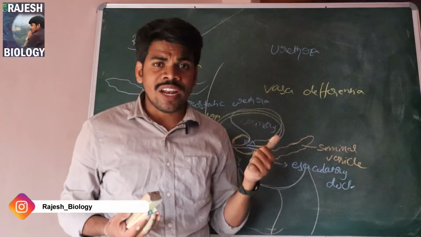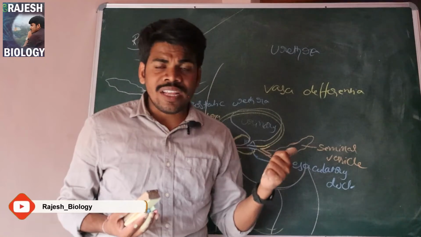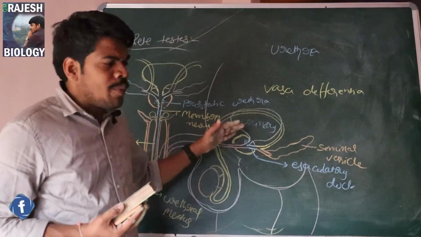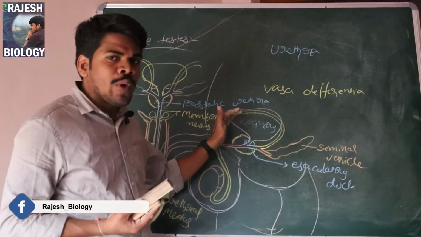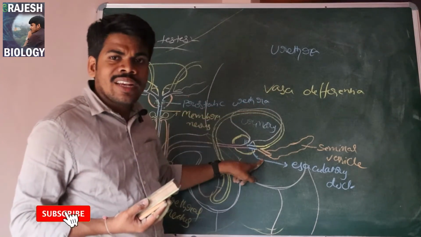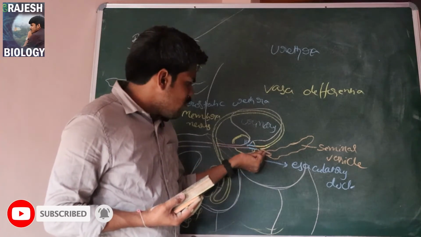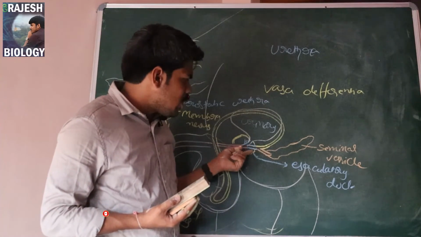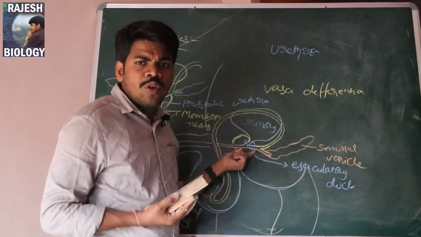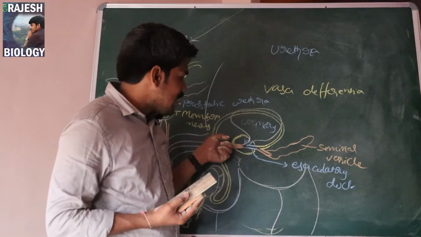The vasa deferentia is lined by pseudo-stratified columnar epithelium and also by lamina propria, and it enters the abdominal cavity through the inguinal canal and loops over the urinary bladder. It collects a duct from the seminal vesicle, and the duct from the seminal vesicle and the vasa deferentia together are called the ejaculatory duct, which is very important. On both sides, the ejaculatory ducts open into the prostatic gland.